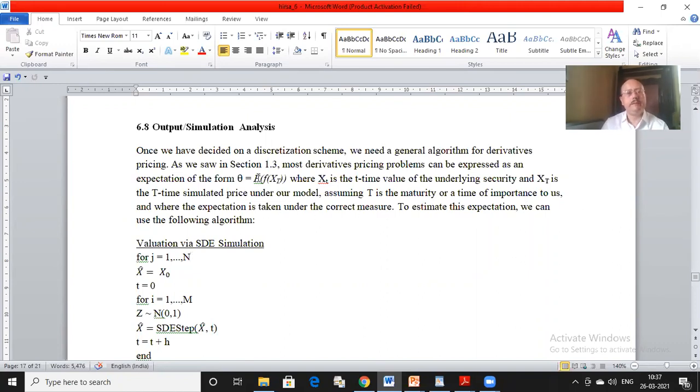The expectation has to be taken under the right measure, so we adjust for risk neutrality and calculate the correct expectation, which we call theta. Generically, our objective is to get a good estimate for theta.